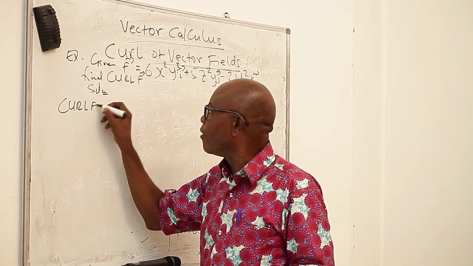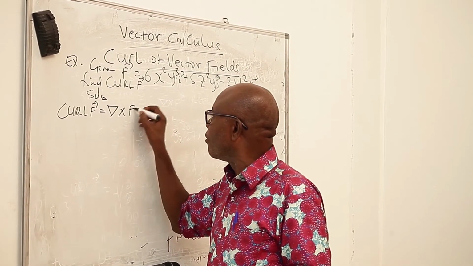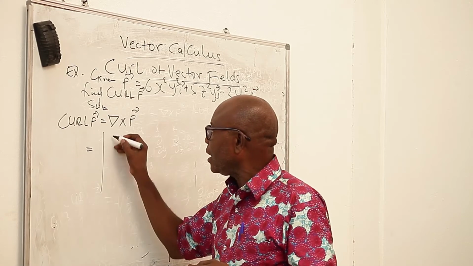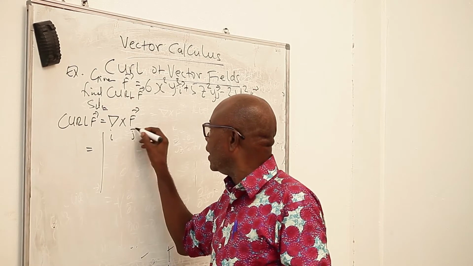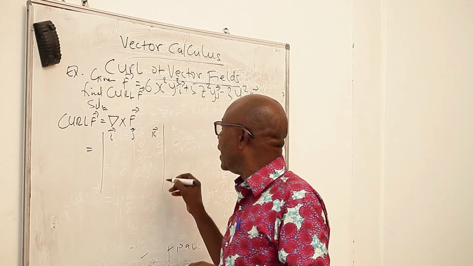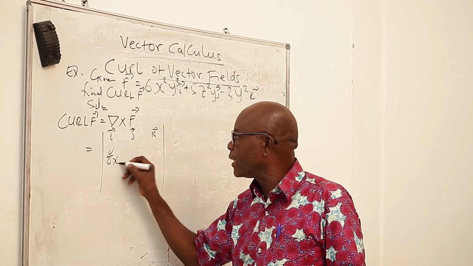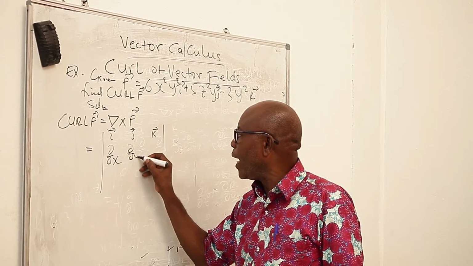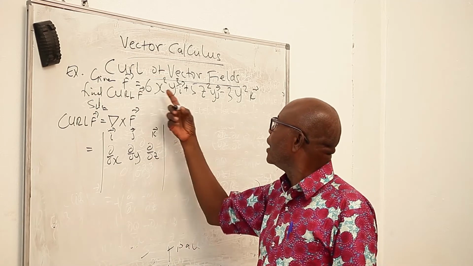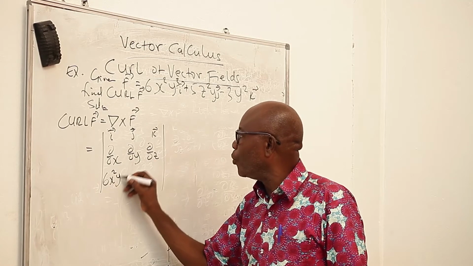Curl f, which is nabla or del cross f, is given as i, j, k, and then we'll have del to be partial x, partial y, partial z, and then the f in the i component is 6x squared y cubed.